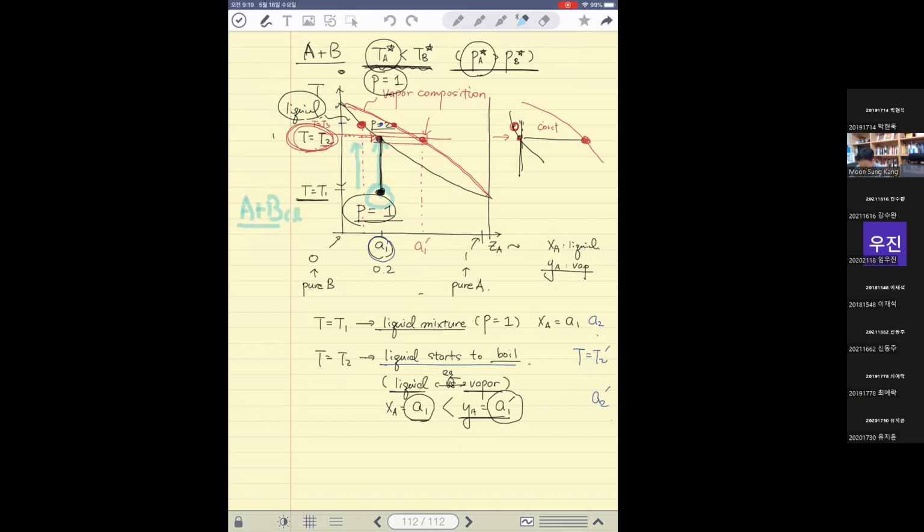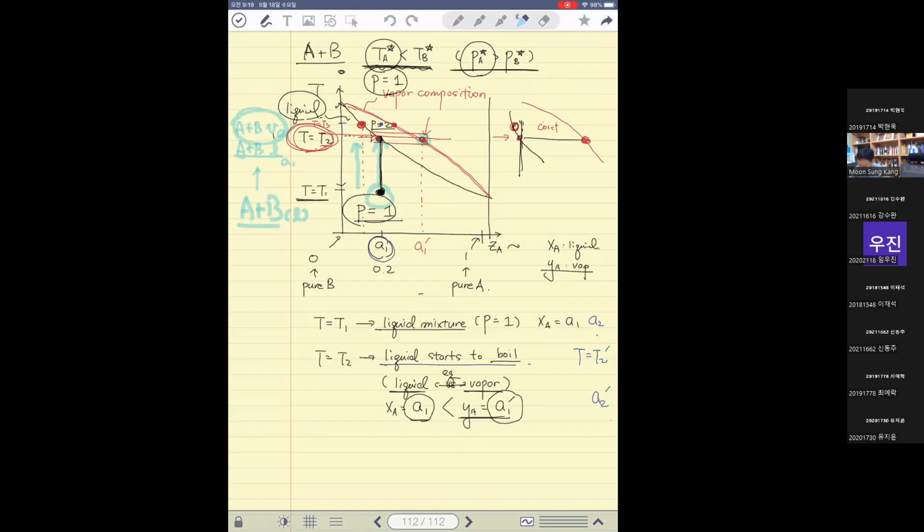It was liquid originally, and I elevated the temperature. It's still liquid, but I also have the vapor phase as well. And this liquid has a composition of A1. This has a composition of A2. And let's say I was able to somehow collect this vapor separately.